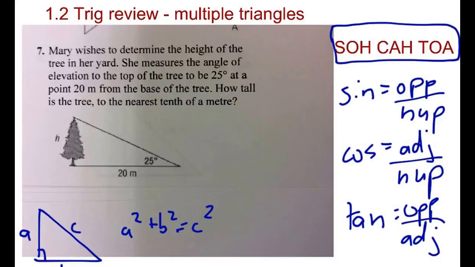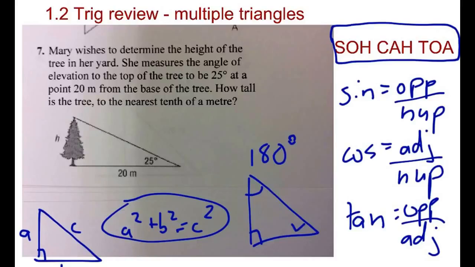And the other one is that in any triangle, whether it's a right angle triangle or not, the angles all have to add up to 180 degrees. So we have our three SOHCAHTOAs, the Pythagorean theorem, and the 180 rule that we can use for any of these questions if we need to.